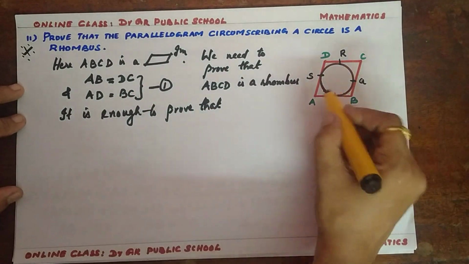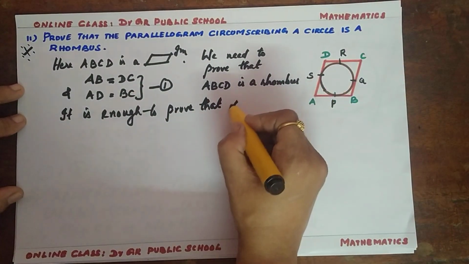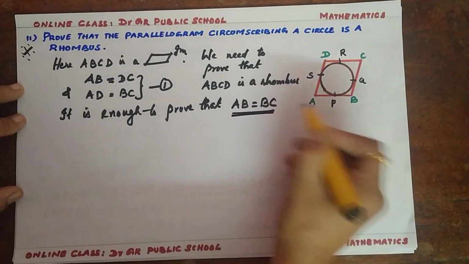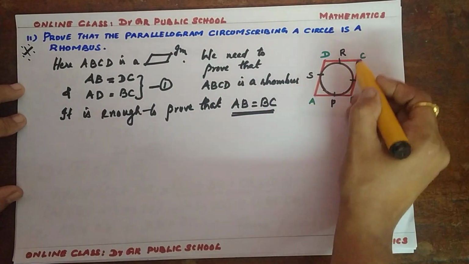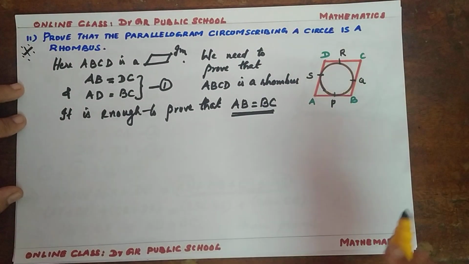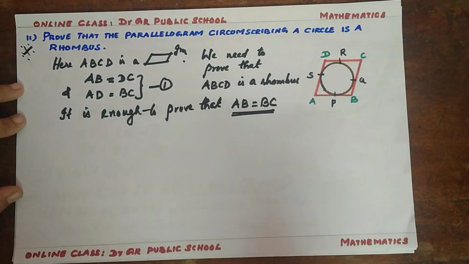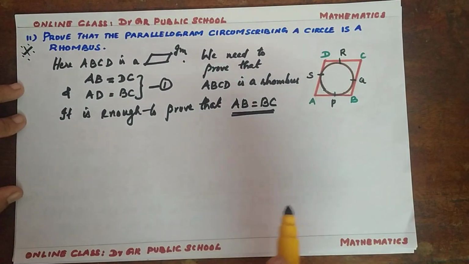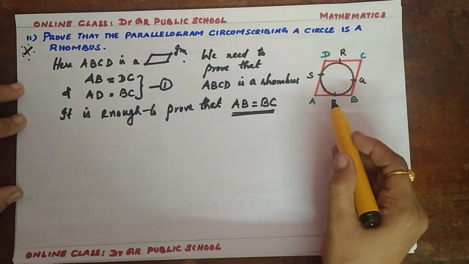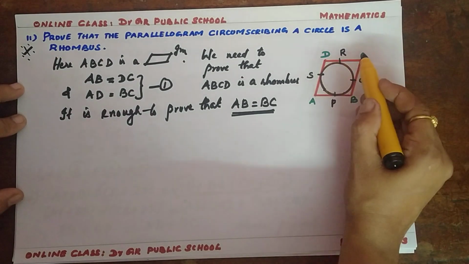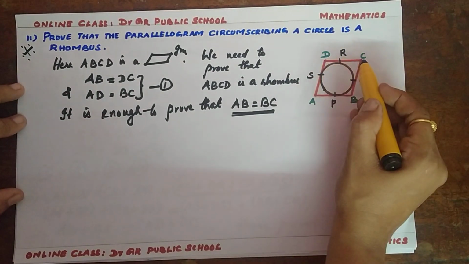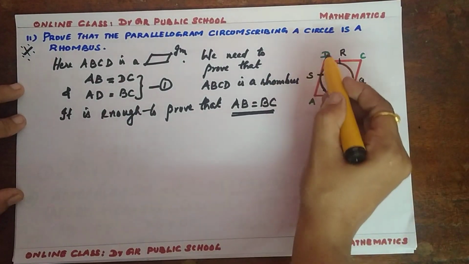I am going to take the adjacent sides as AB and BC. If I can prove that AB equal to BC, then it will be a rhombus. Why? Because if AB equal to BC, as it is a parallelogram, AB equal to DC and BC equal to AD.